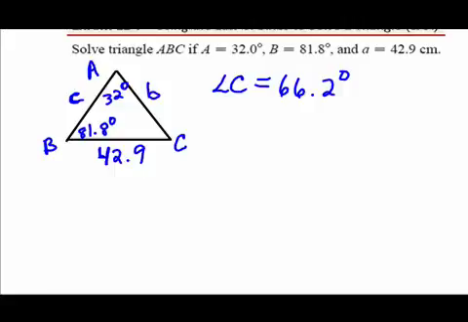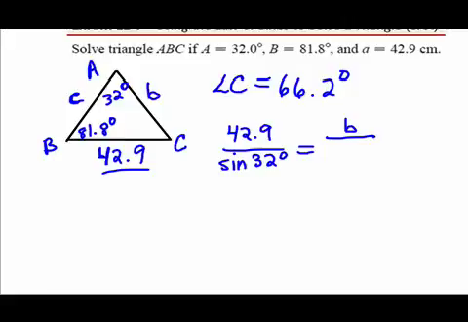Okay. Now we'll use the law of sines to come up with our two missing sides, side B and side C, using side A. So using the law of sines, we know that 42.9 over the sine of its corresponding angle, which would be angle A, 32 degrees, equals B over the sine of angle B, which would be the sine of 81.8.